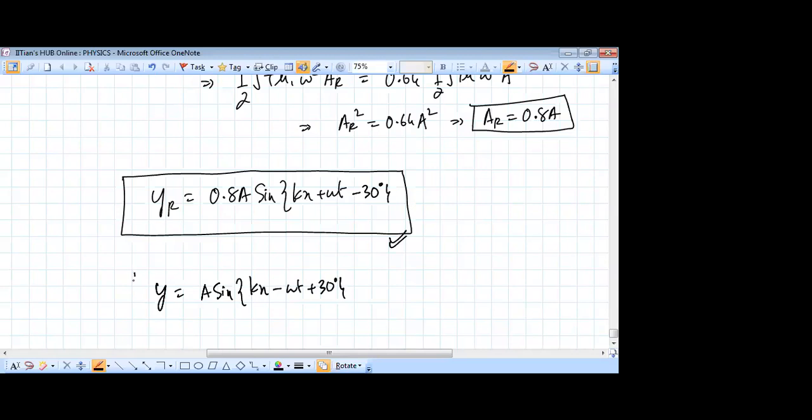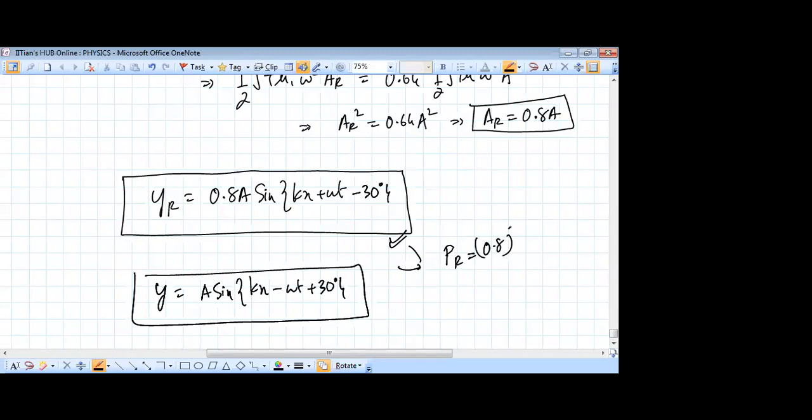This was the incident. So you can see that from this, if you compare the two, the power of the reflected wave will be 0.8 square times the power of the incident wave. This one was the incident. This is the reflected one.